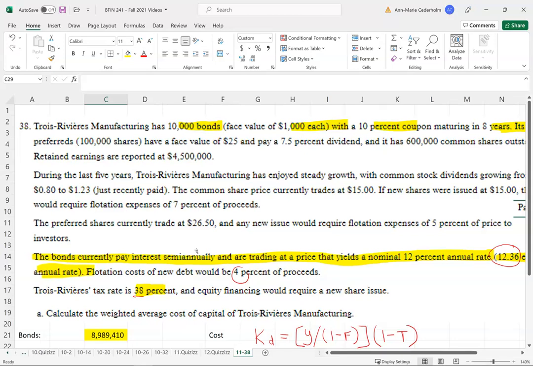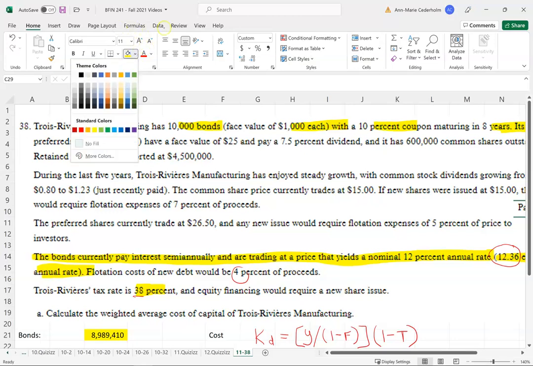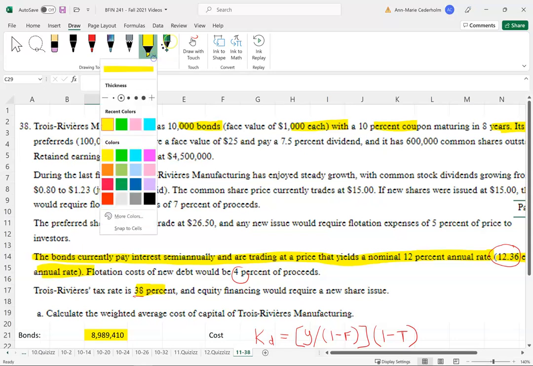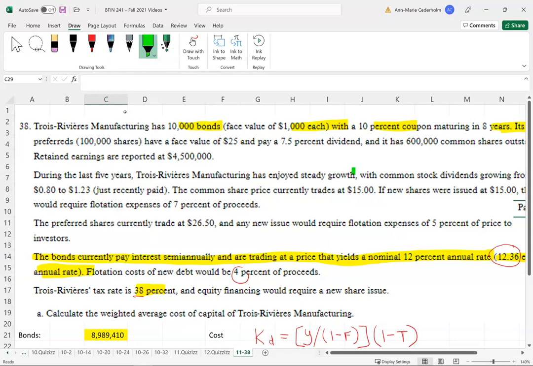So the preferred shares information, and I'll highlight this in a different color, is we have 100,000 preferred shares with a face value of $25, and it pays a 7.5% dividend.